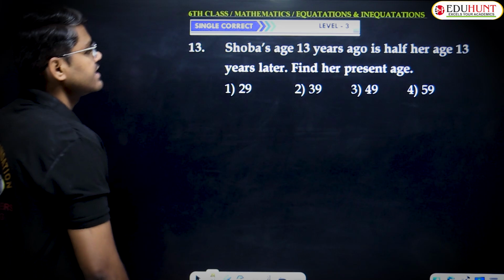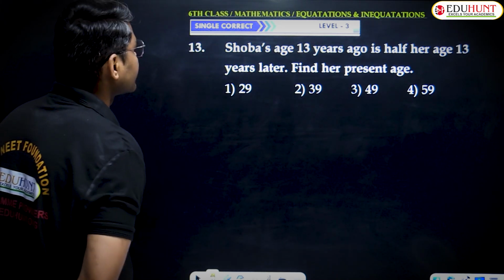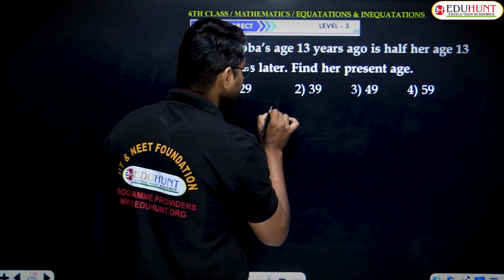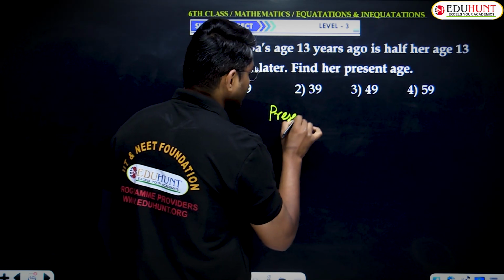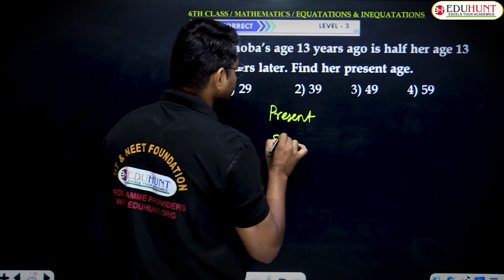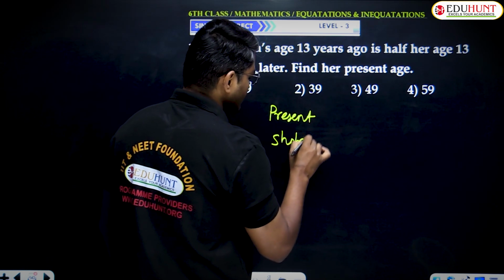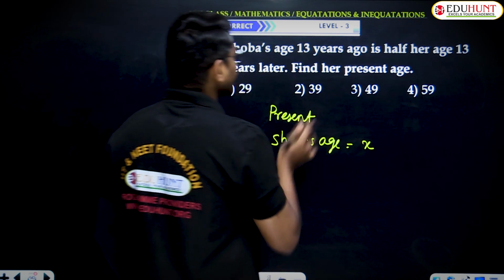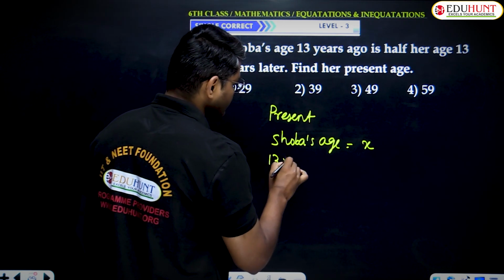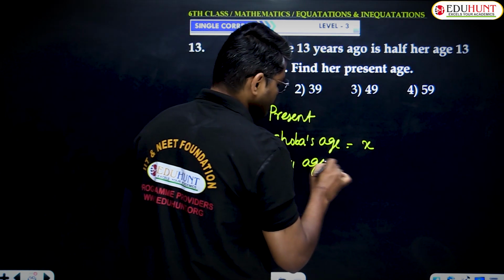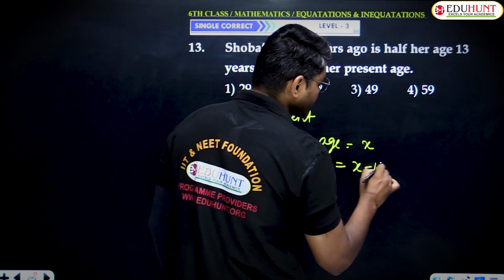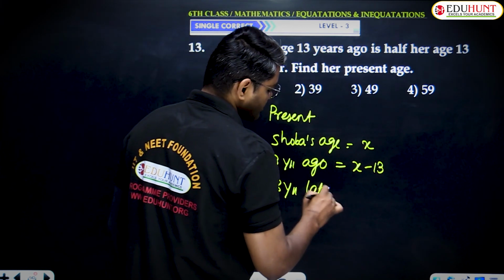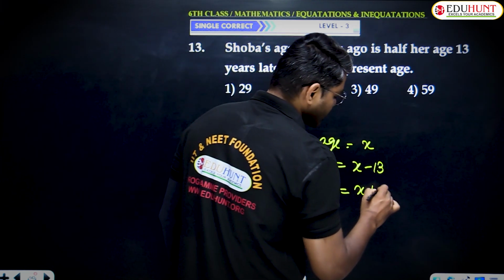Shobha's age 13 years ago is half her age 13 years later. So, in these questions, we have to take the present age. Shobha's age is equal to x. 13 years ago, x minus 13. 13 years later, x plus 13.